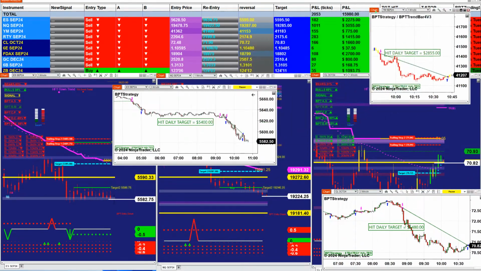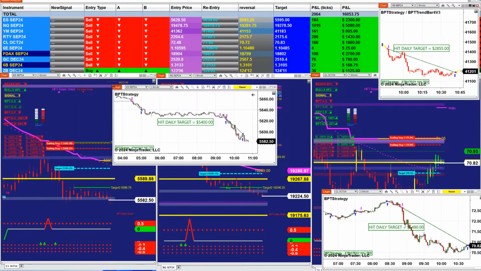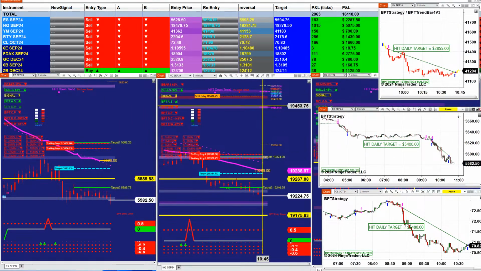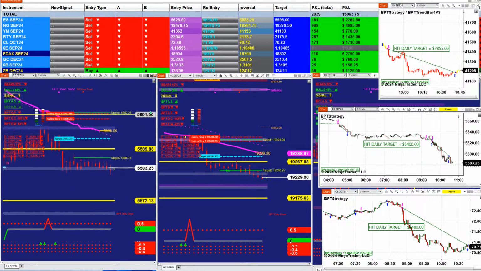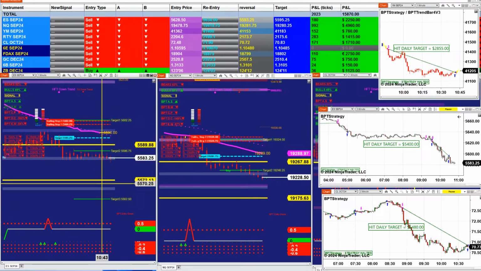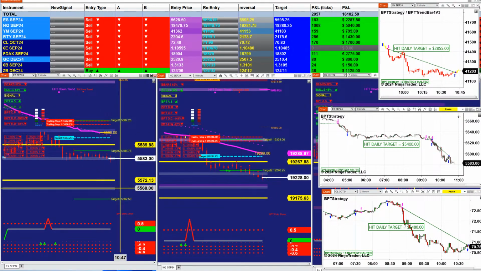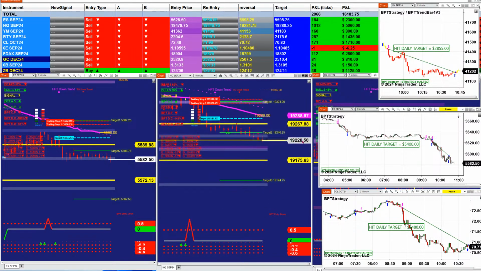So let's see if the ES and Nasdaq decide to go down, and they are going down. And what time is it right now? It is 10:45. There is no chance for the ES to hit target 3. It's way far.